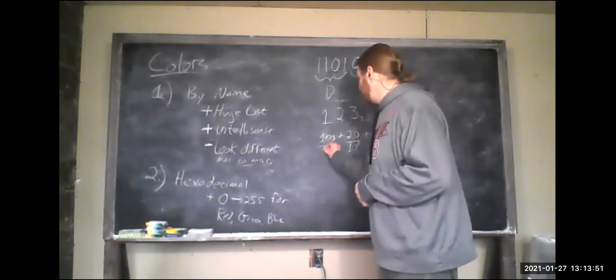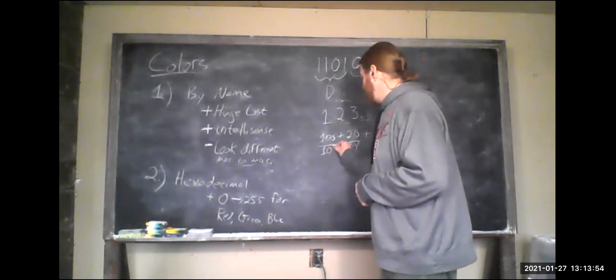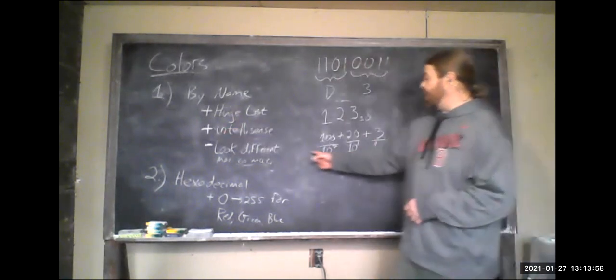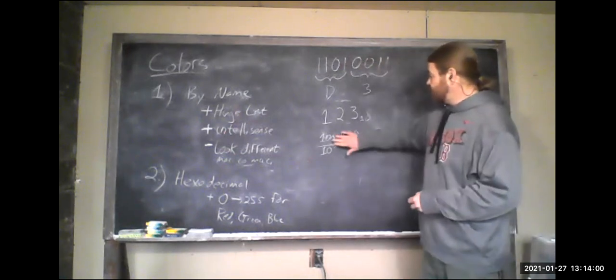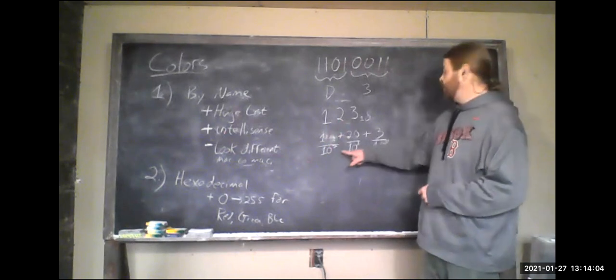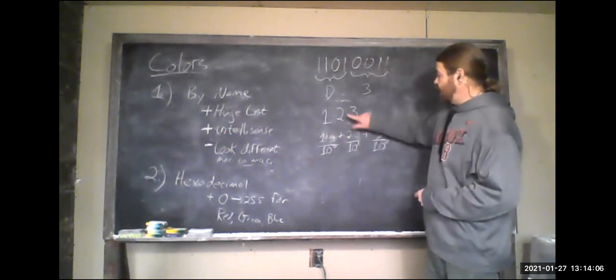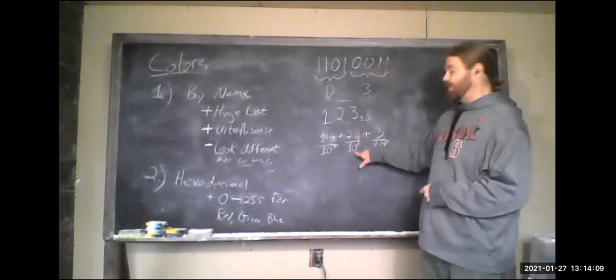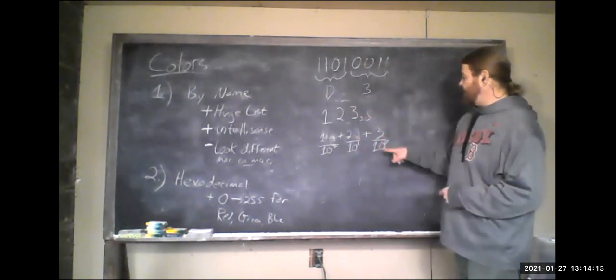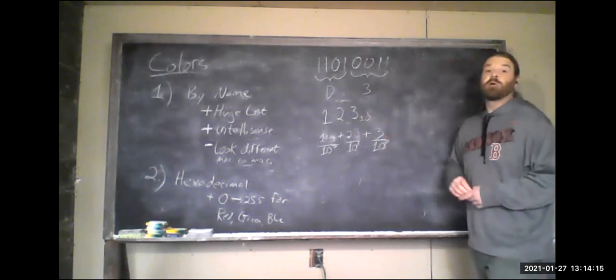And the third column is 10 squared and 10 cubed, 10 to the 4th, and so on. We just increase the powers of 10. So this 100 really means we have 1 10 squared. And 20, that 2 in that column means we have 2 10 to the 1st power. And 3 means we have 3 10 to the 0 power, which would be a 1.